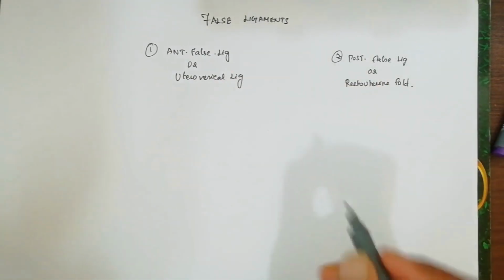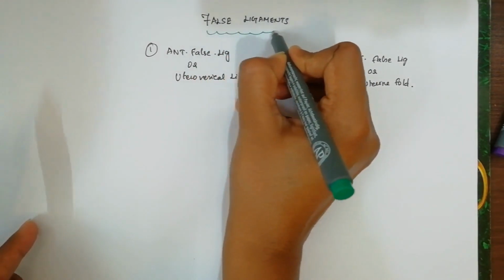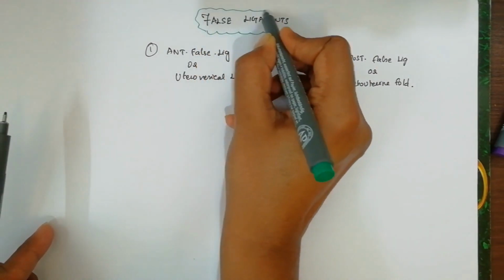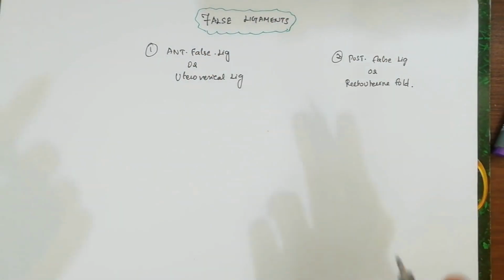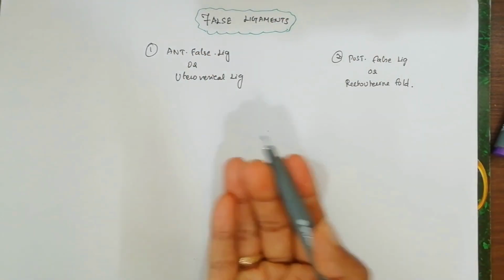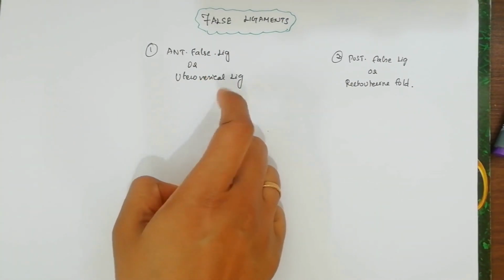So these are the two false ligaments we have got. Those are nothing but a peritoneal fold collection, so we are calling them ligaments or folds. Now we will talk about the uterovesical ligament or fold.